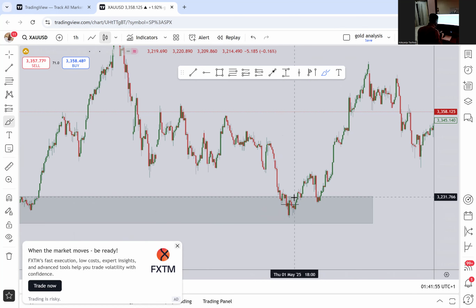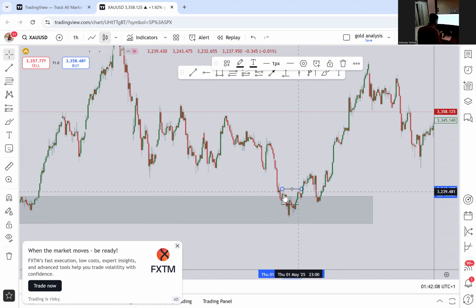The point where I consider this level a valid demand level is when I see price break the top of the first level that mitigates the major demand level. So I look at this level as a break to know whether the first point of entry has been taken out by the sweep or not. I want to see that happen.